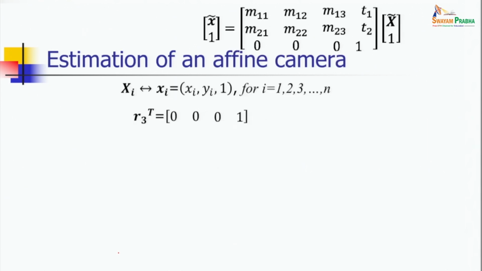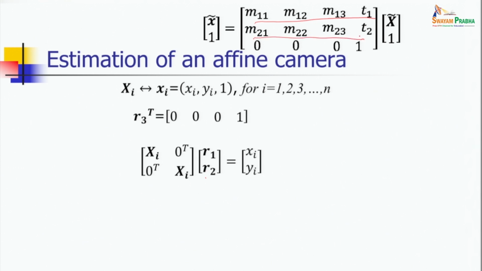Now the estimation of the affine camera, as I was discussing. Since this case is simpler, you can write this set of equations in this form only. You note that R1 is the respective column vector of this row, and R2 is the respective column vector of this row.